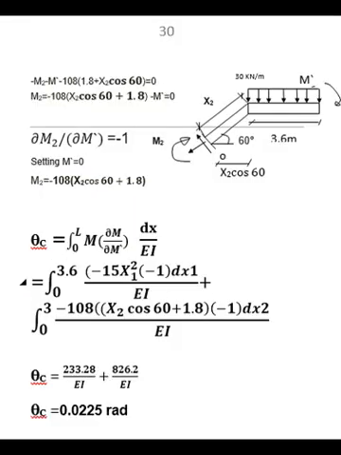Then we will find the value of the moment M2 by applying the static equations at point O. M2 will be minus 108 times the distance x2 cosine 60 plus 1.8, minus M dash.